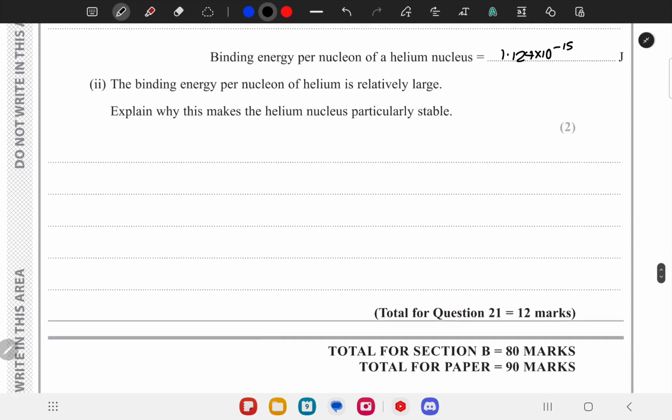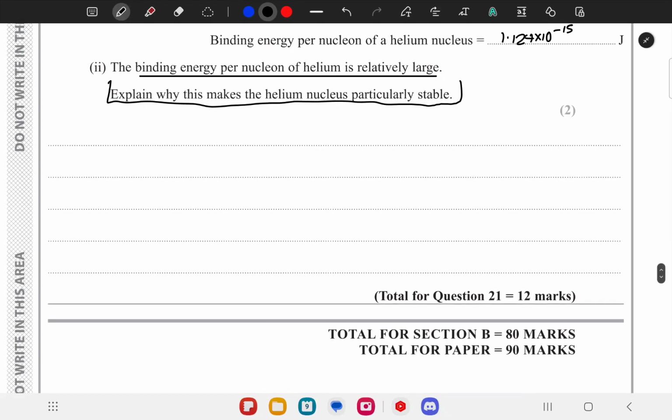Now in the last part, we are asked that the binding energy per nucleon of helium is relatively large. We have to explain why this makes the helium nucleus stable. If the binding energy per nucleon is high, this would mean that a large energy is required to break the helium nucleus apart, since the binding energy per nucleon is the energy required to remove a nucleon.